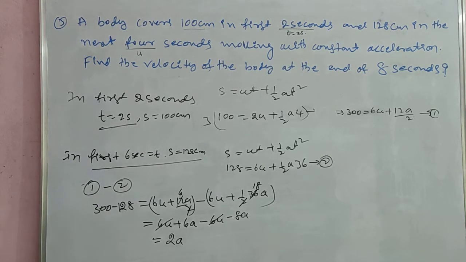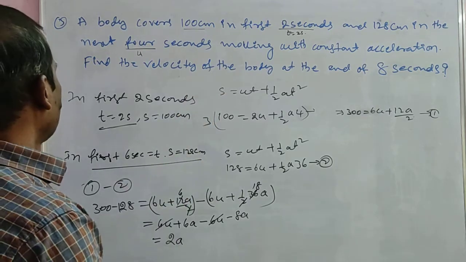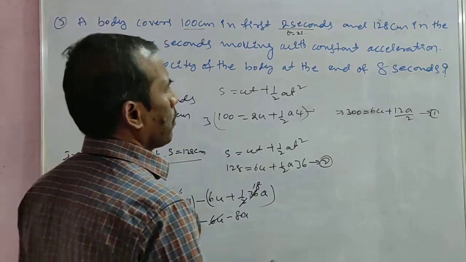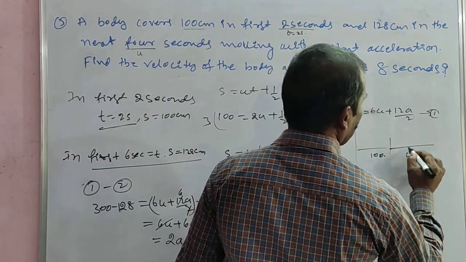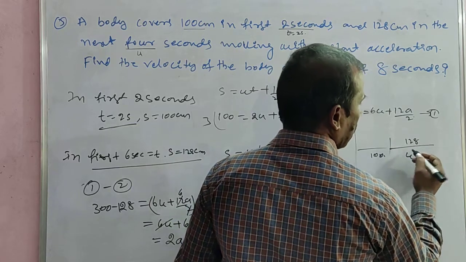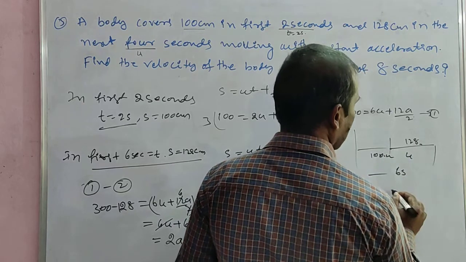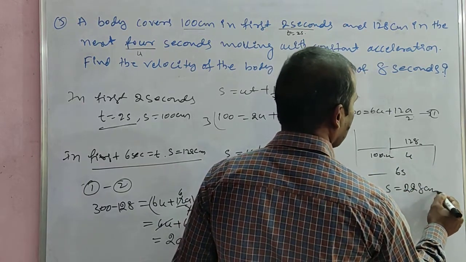There is a mistake in the first 6 seconds. The first 2 seconds is 100 meters and 4 seconds is 128 centimeters, so for 6 seconds the displacement is 228 centimeters.